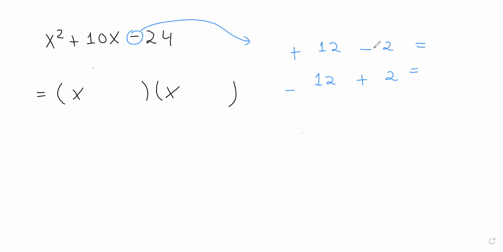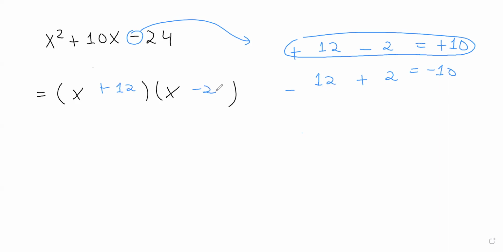In this case, would these numbers work with this combination of signs? Yes, 12 minus 2 would give positive 10, whereas negative 12 plus 2 gives negative 10. So this must be my combination of signs. I need a positive 12 and a minus 2.